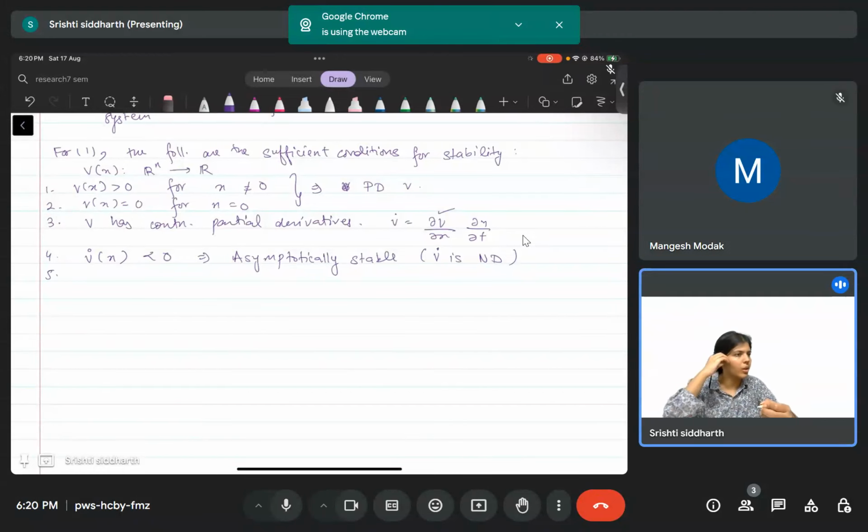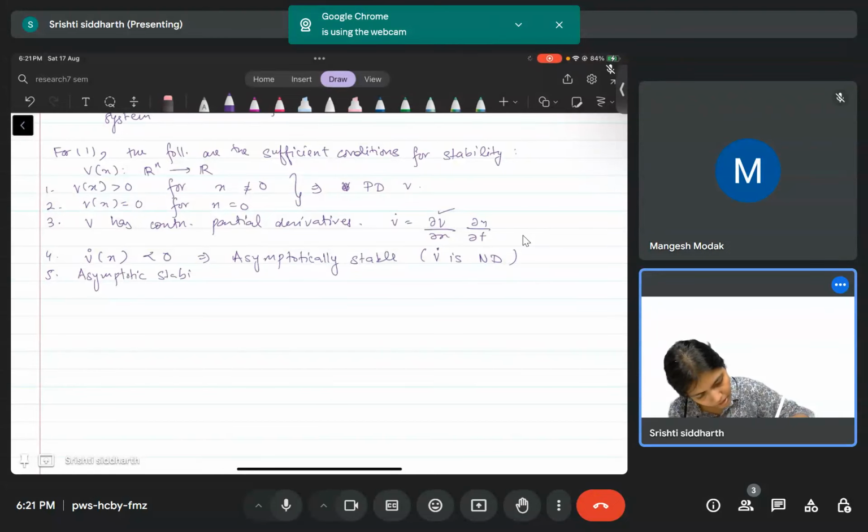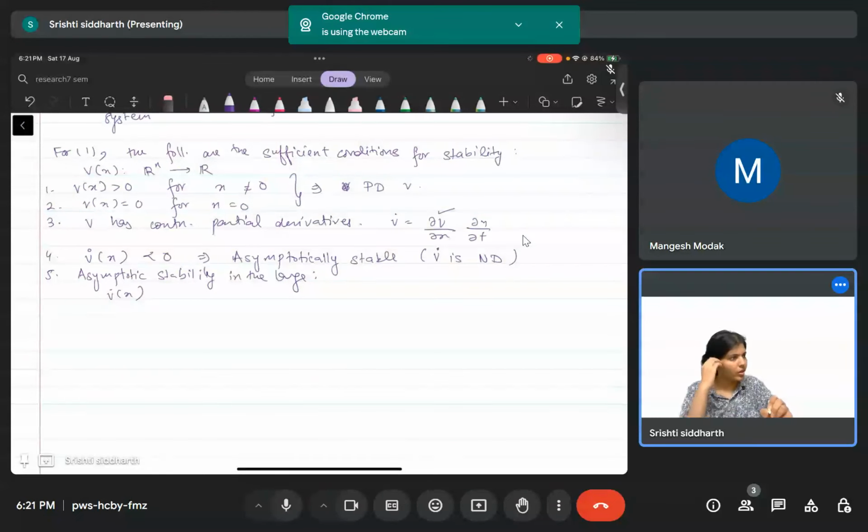Or if you just want to talk about asymptotic stability, it is non-zero, and also in addition the state x goes to the equilibrium.